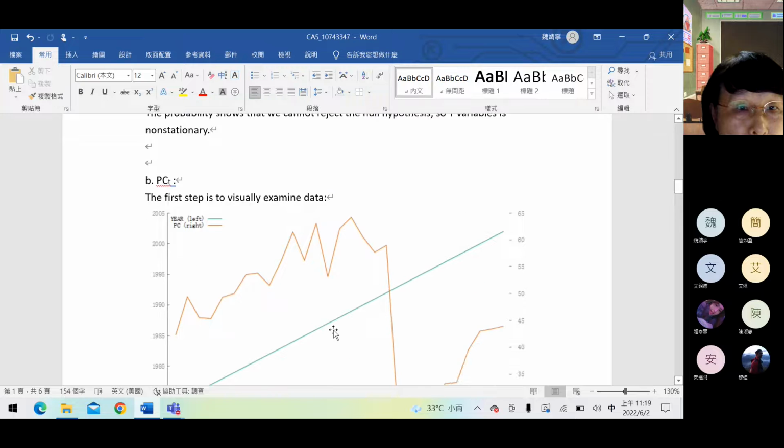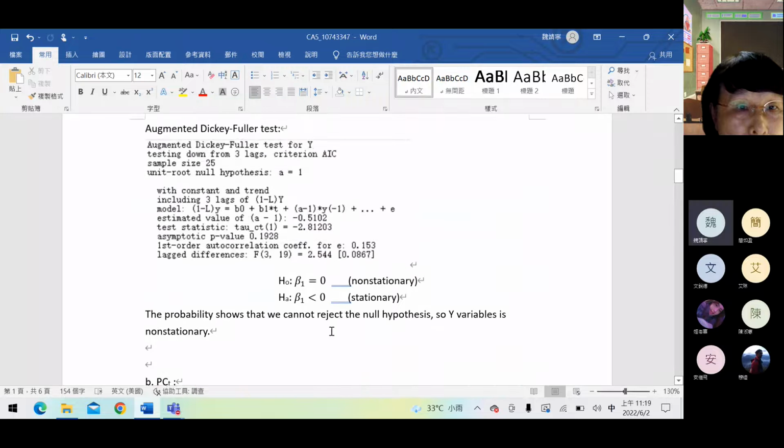Which versions do you use? Which version do you mean? We have three versions. The first one is no constant, no trend.